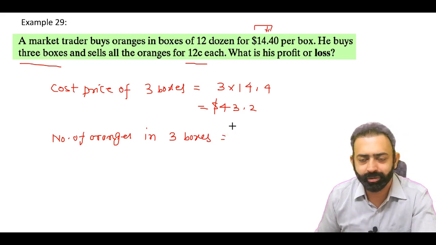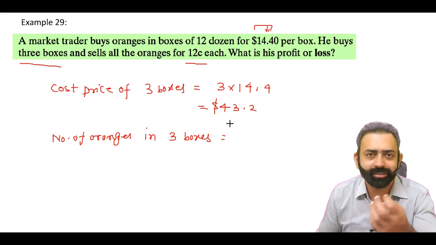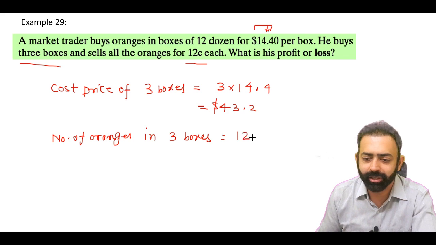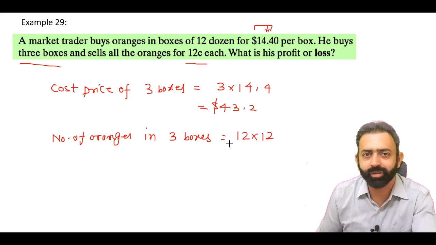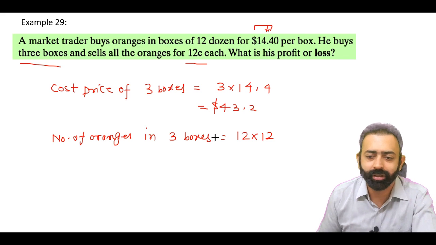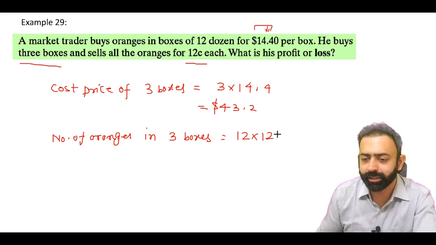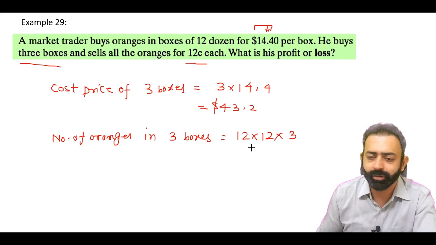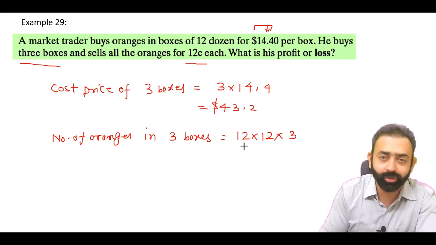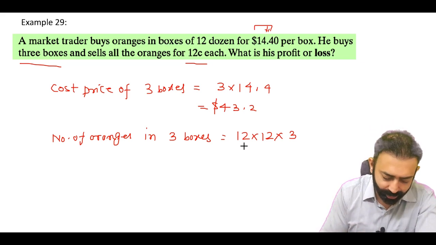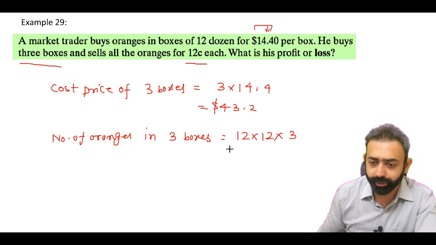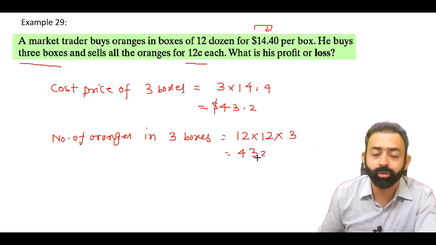First find the number of oranges in a single box, which is 12 into 12, because we have 12 dozens in a box. Then multiply this by 3. 12 into 12 into 3 is 432. This is 432, the number of oranges.